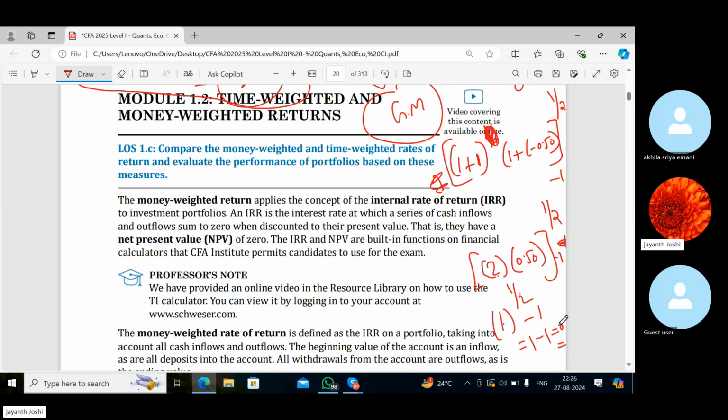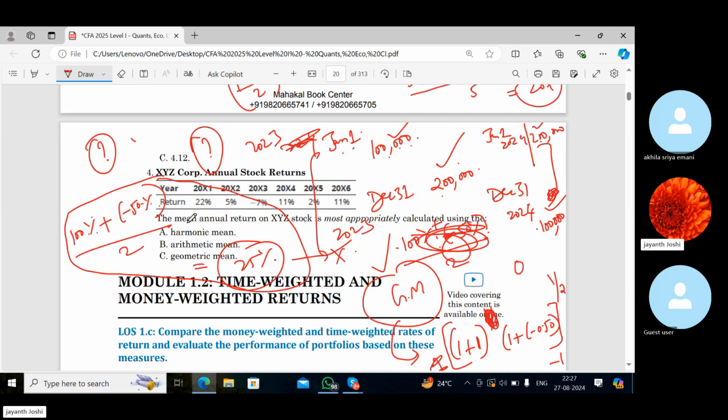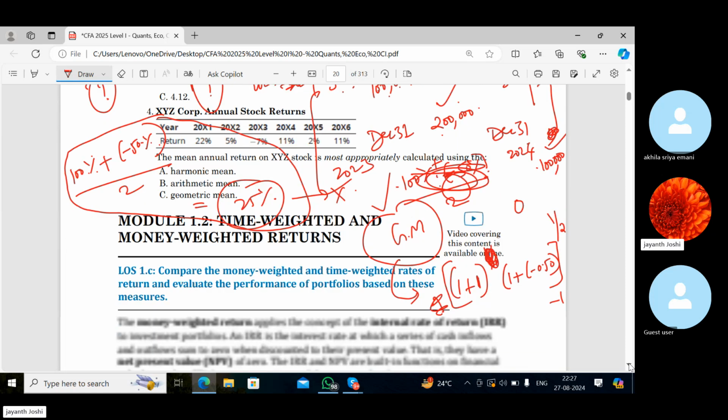So you get the exact answer in case of geometric mean. That shows the compounding effect is captured very effectively. And if you are calculating your returns for more than 2 years, 3 years or 5 years, you should go with geometric returns. You already understood that mean returns are not giving you a right picture about your returns. So please make a note of this and we'll go for the questions.